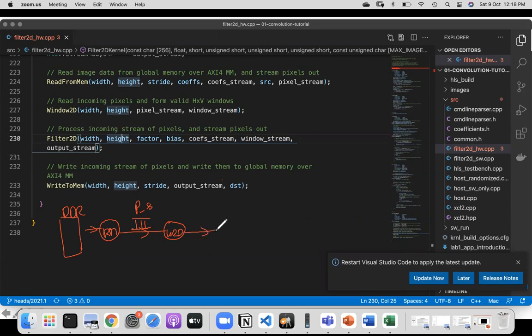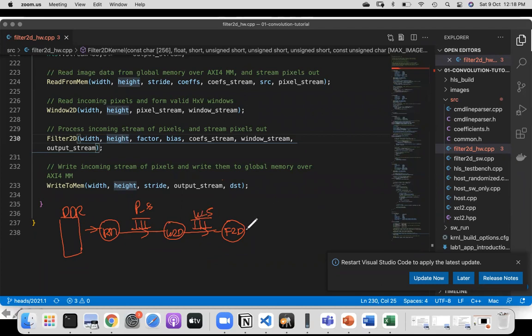And this window 2D module feeds data to the filter 2D module, and it uses a FIFO to feed windows to it. Remember, these streams, these FIFOs, are templates, so they can take arbitrary data types. You can exploit it to your benefit when you are designing your system.